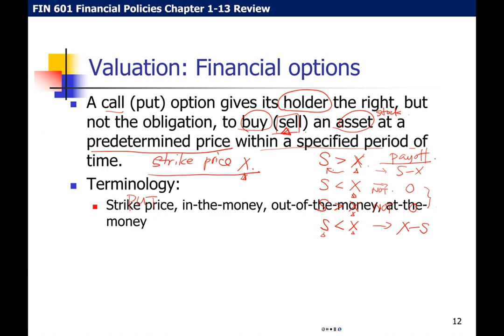And we have some terminology. First, strike price is usually denoted as X. Next, in the money and out of the money. It's called moneyness. Interesting word. When are you in the money? When immediate exercising is valuable.